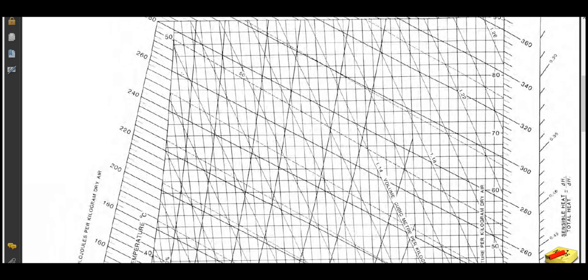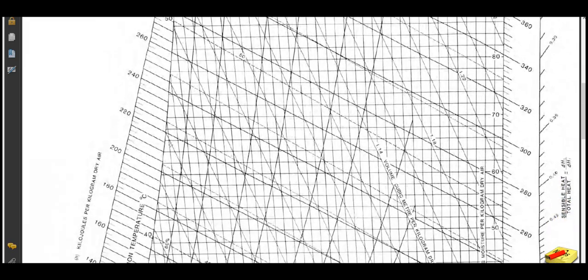So we have here that the wet bulb reaches 40, 50, 60, 70, 80, 90. Okay, so we have higher temperatures here.